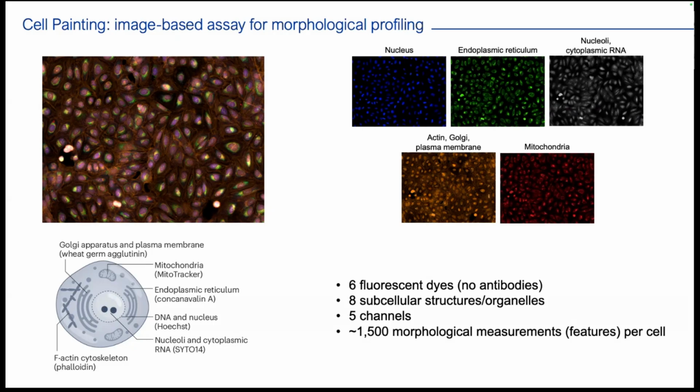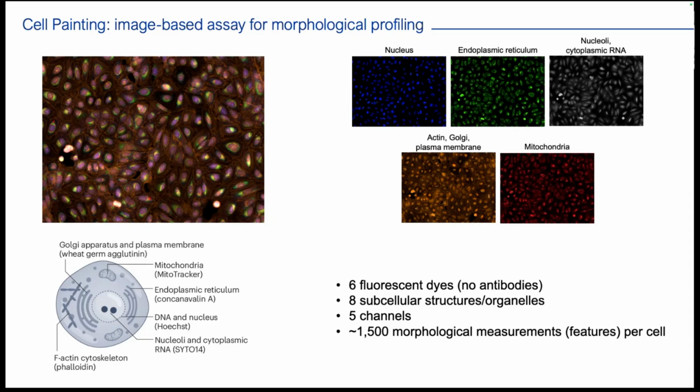But the idea is that we can extract a lot of morphological measurements per cell that will end up creating these different signature profiles, right? So if you want, you can do an analogy with a gene expression profile, where you have 8,000, 10,000 different measurements for one cell. Here we have 1,000 different measurements for one cell, but these are morphometric intensity-based measurements.